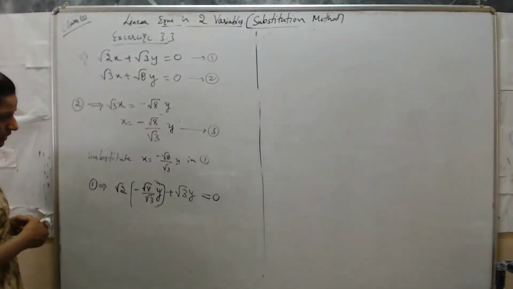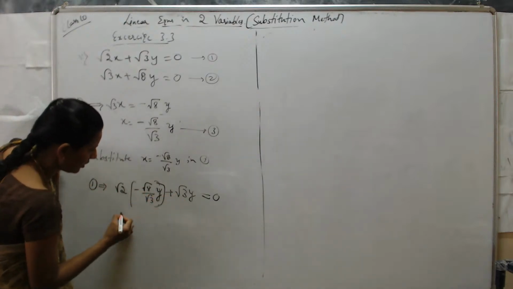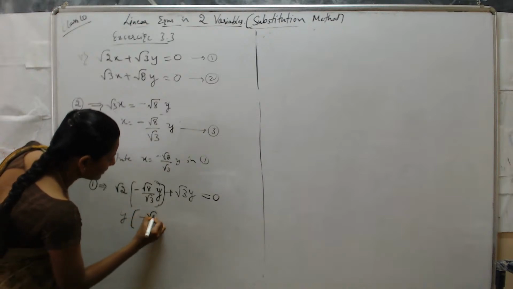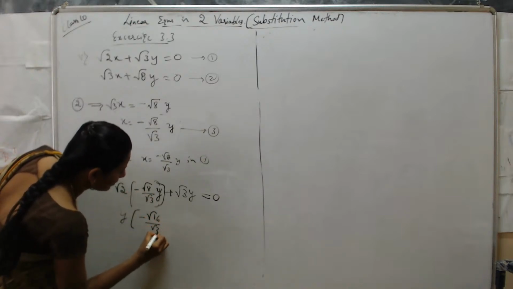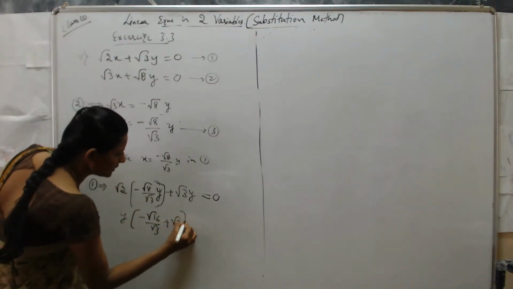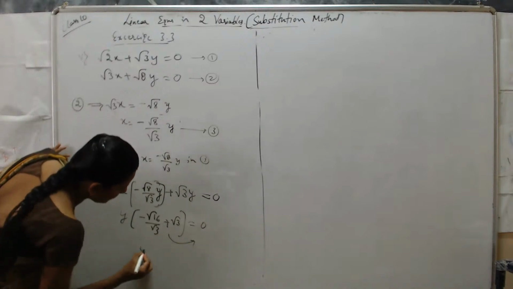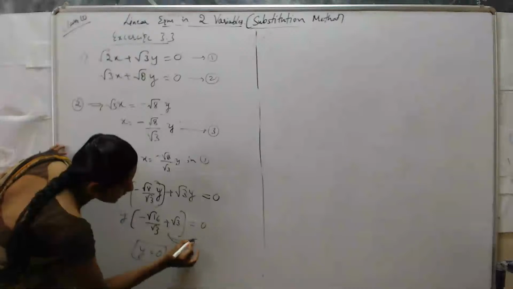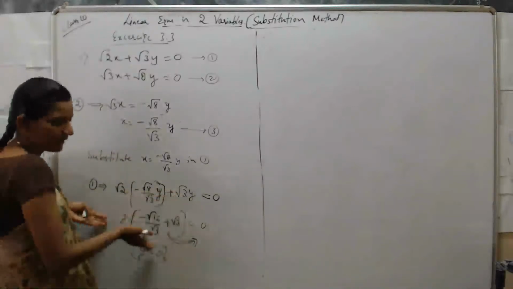Now, what happens? If you take y common, you will get minus root 8 by root 3 plus root 3 is equal to 0. If you send everything to the right side, you will get y is equal to 0. Because if you take y common, there is nothing remaining.